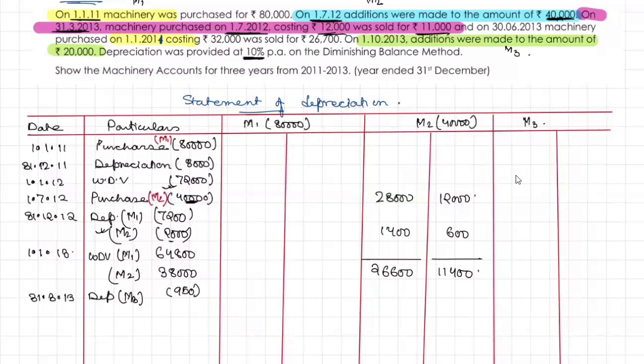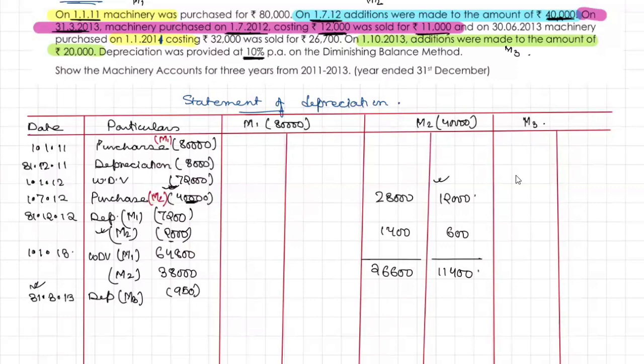Now this is the part of the machinery costing 12,000. They said costing rupees 12,000. That means from this 40,000, there was another part of 12,000 which has been sold. So what we do at the beginning, whenever we purchase, we separate the parts. We kept the 28,000 separately and the 12,000 separately, because this 12,000 is being sold on 31st March 2013.